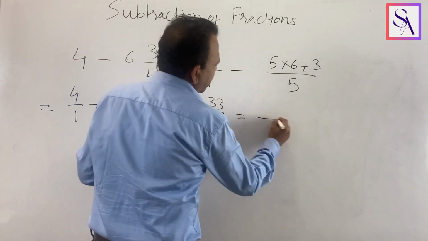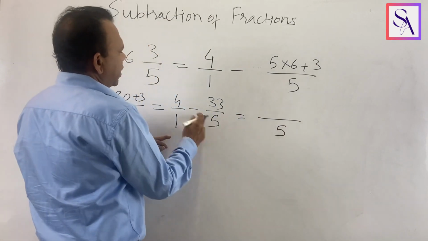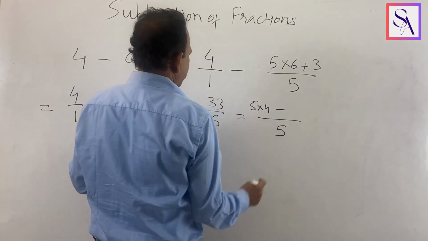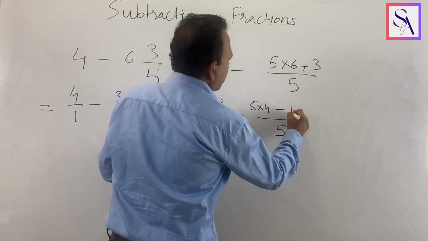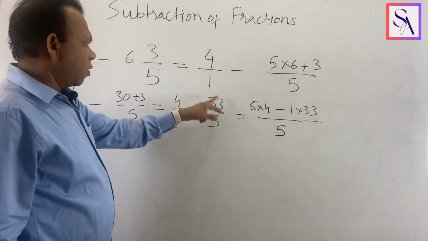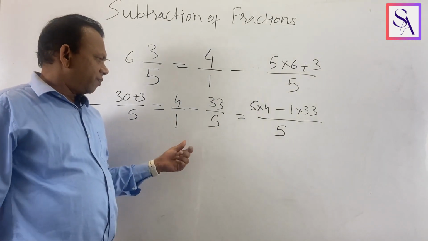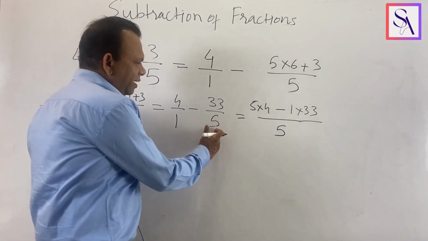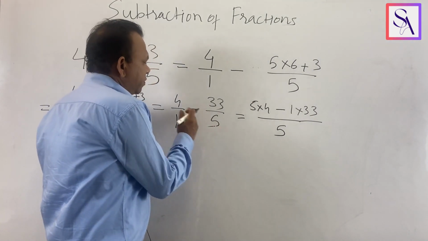5 into 5, 5 into 4, 5 into 4 minus 1 into 33, 1 into 33. See, here normally students make mistakes. So 5, you have to start from right side, right? 5 into 4.